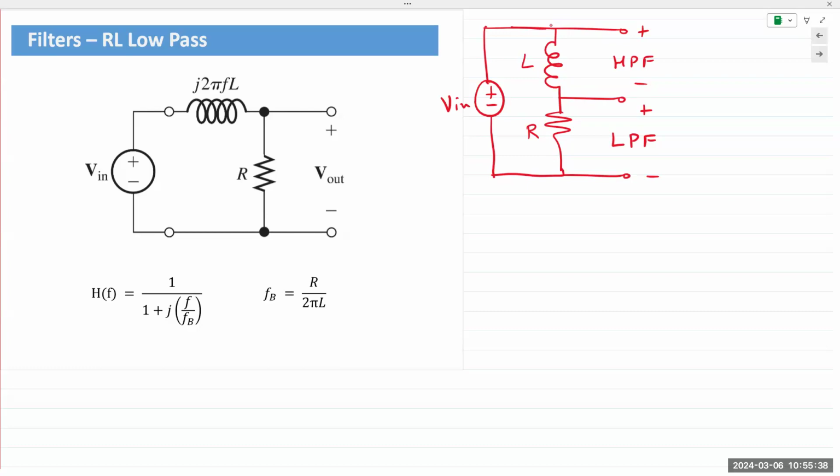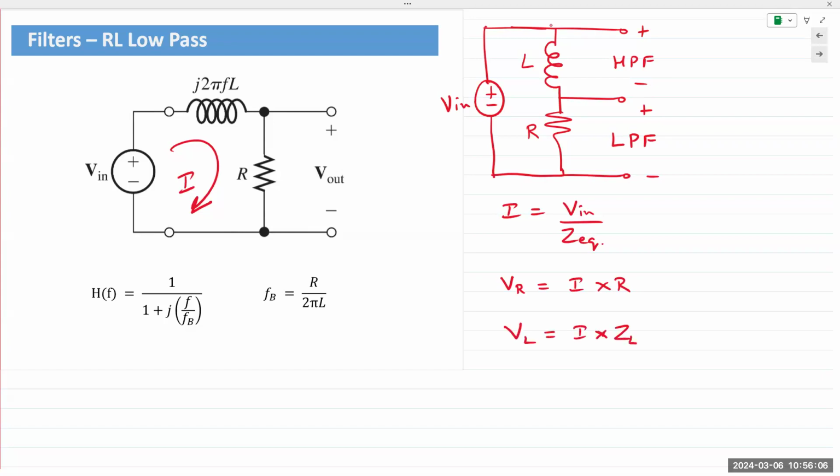Output across the resistor is I times R. When you derive the transfer function, I is V in over ZEQ, and then VR is simply I times R, and VL is simply I times ZL.